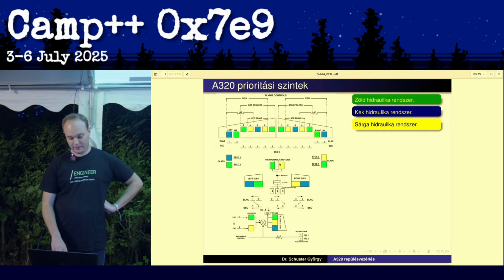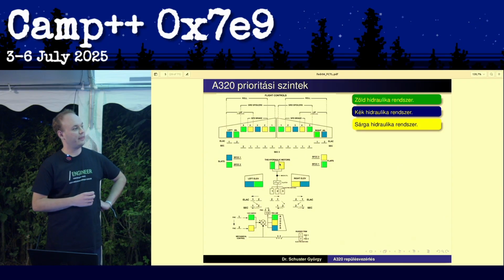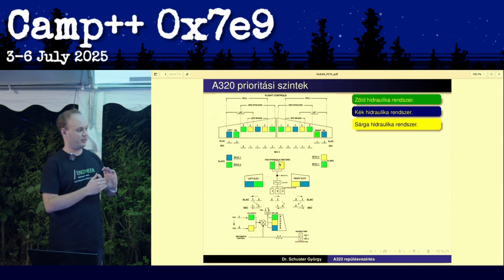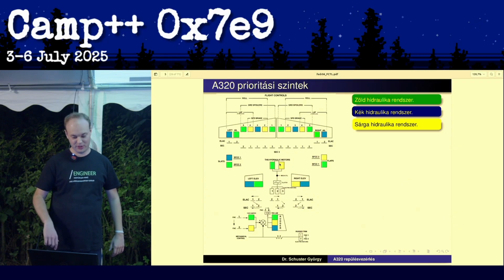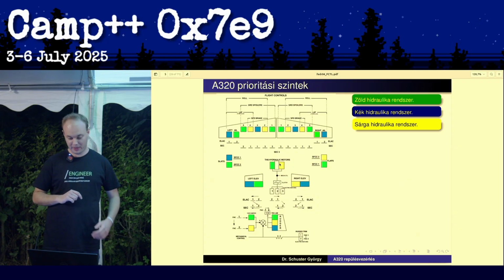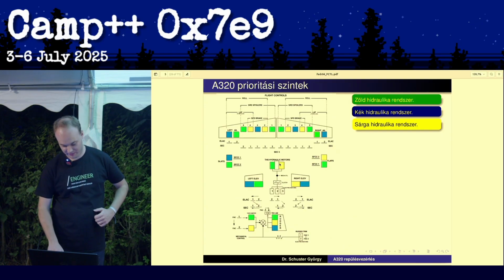There are multiple power sources that can feed these hydraulic systems, and they are not interconnected in a direct way, like the hydraulic fluid can't go from one system to the other. They are all separated, but there is a power transfer between them.